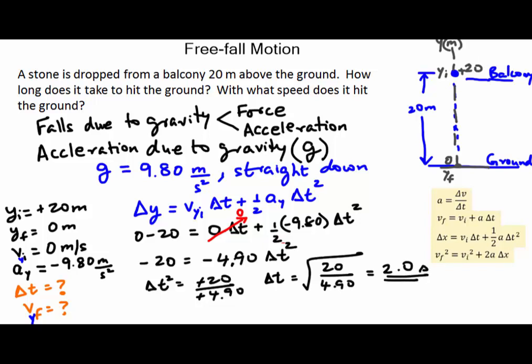So that's how long the stone takes to drop from a height of 20 meters, which by the way is about 60 feet, so I'm dropping it from about the 6th floor of a building, and it drops to the ground in just 2 seconds because its acceleration due to gravity is pretty high.